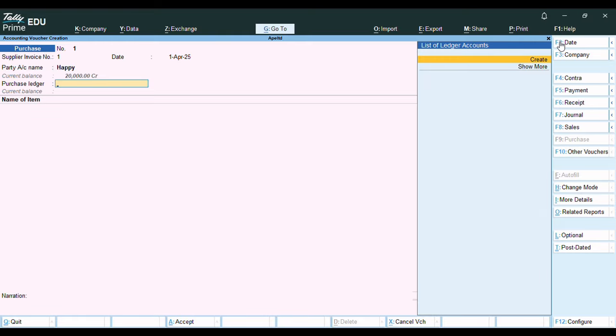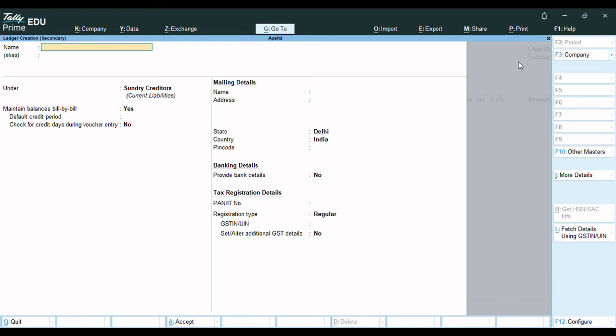Now you can see here the create options.